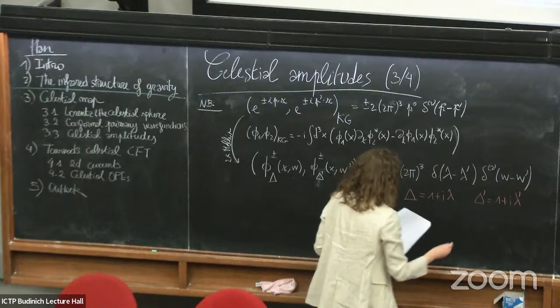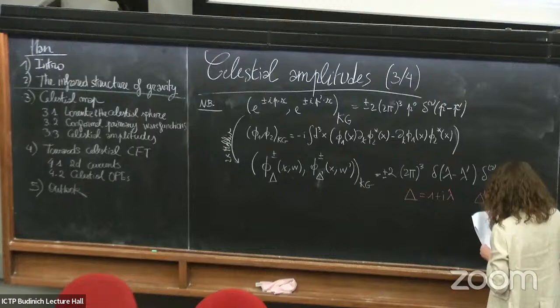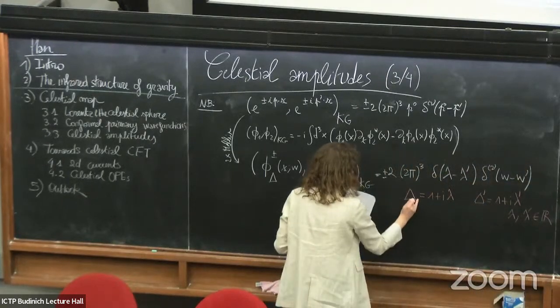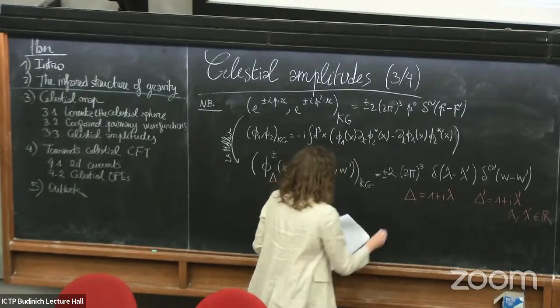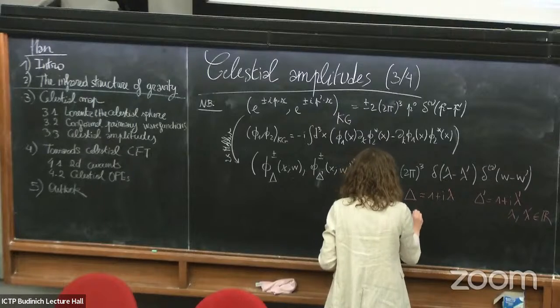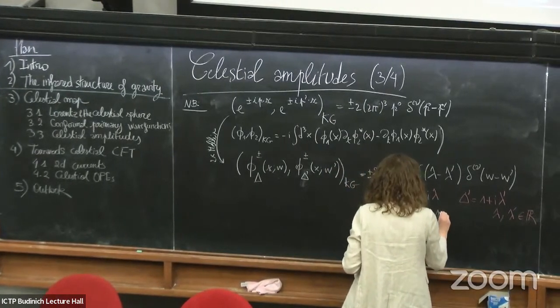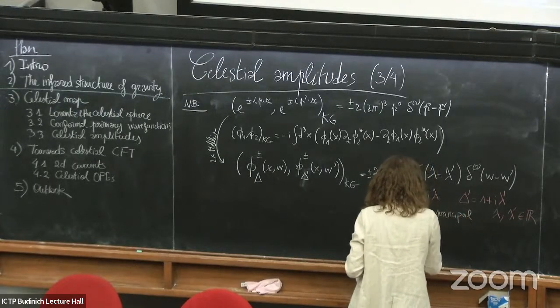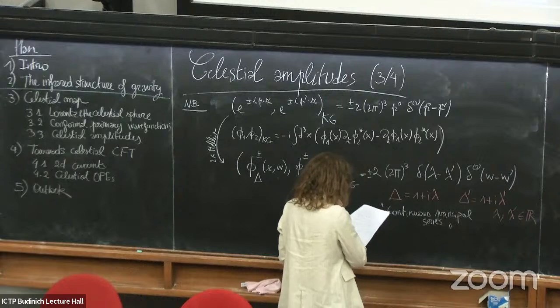Where lambda and lambda prime are real. And you've encountered similar stuff in Matthias' lecture before. So these are the continuous, here it's called the principal series of irreducible representation of SO(1,3).